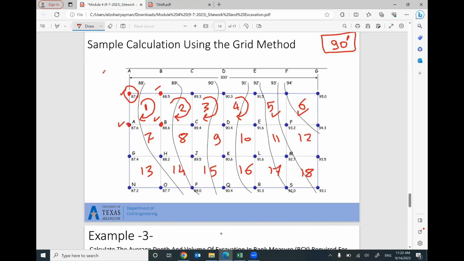I would like to reach elevation 90. So I need to do fill or cut. What do you think? Do you think I need to do excavation or I need to add soil to reach the required elevation? You need to add soil. So I need to do fill.